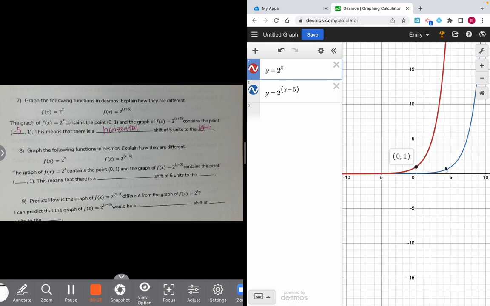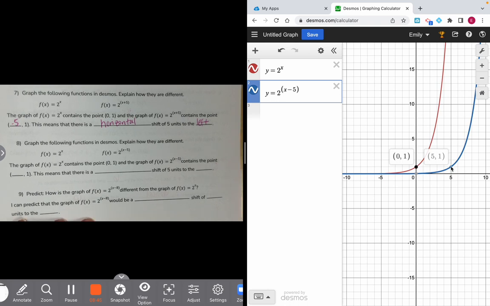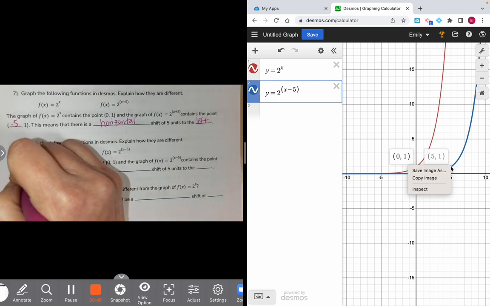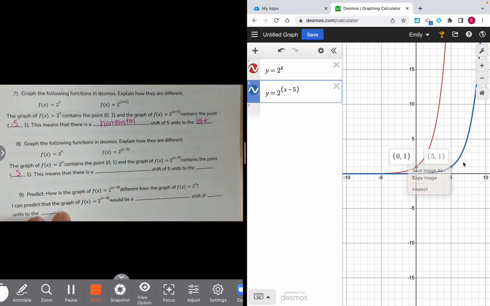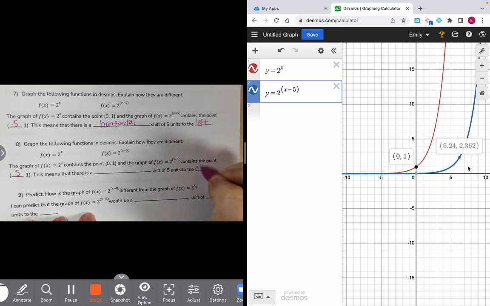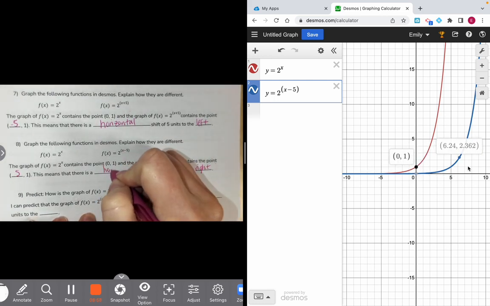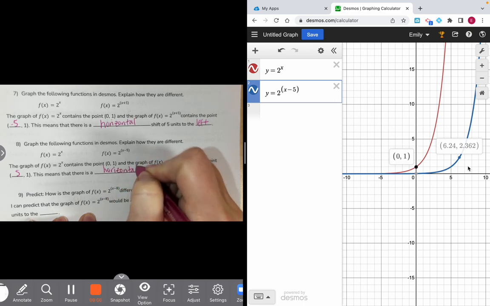But then if I look over here, I'm looking for a y value of 1, and the x value that corresponds in that ordered pair is 5, 1. So again, the whole graph has shifted to the right 5 units. And so that's, again, a horizontal shift.